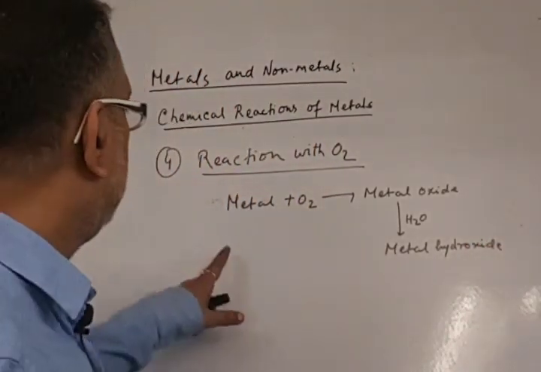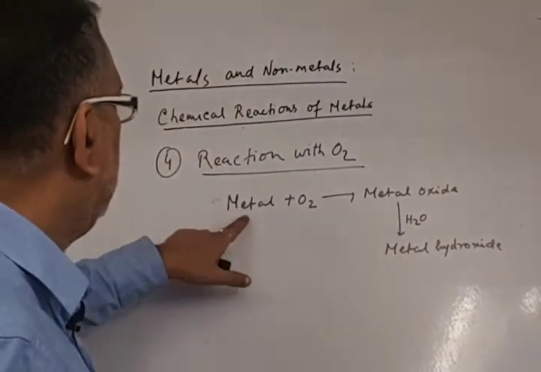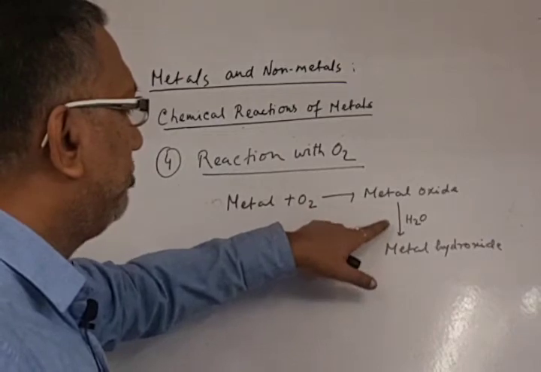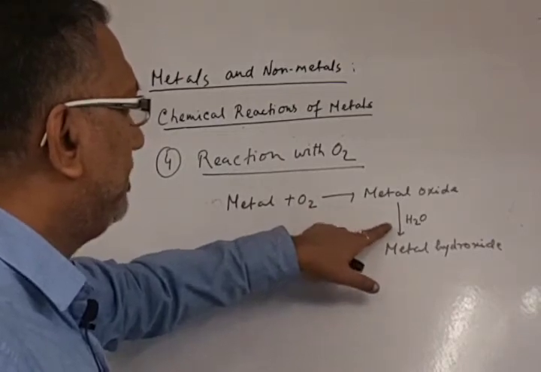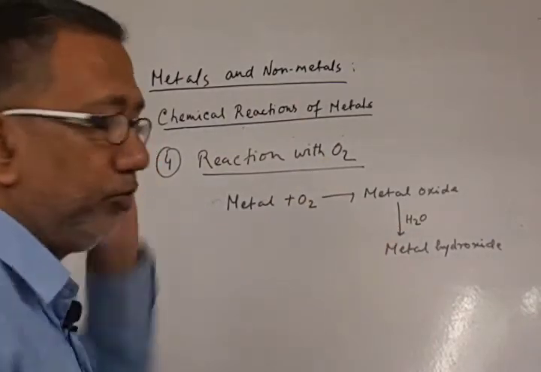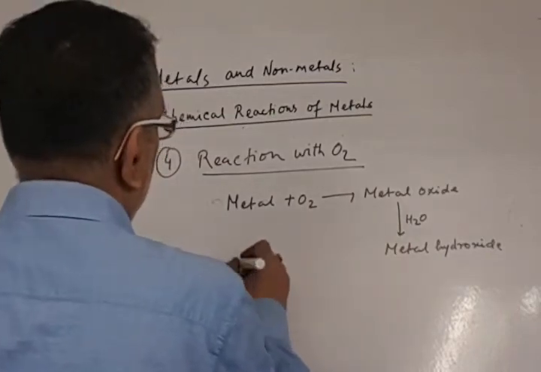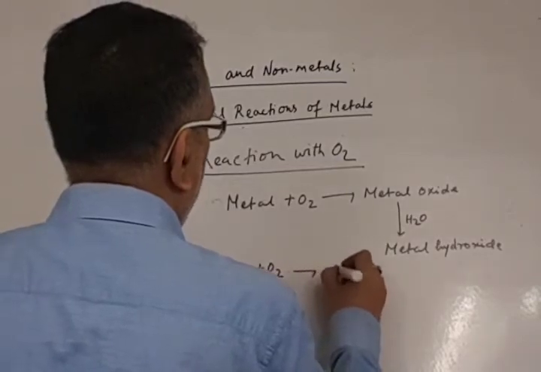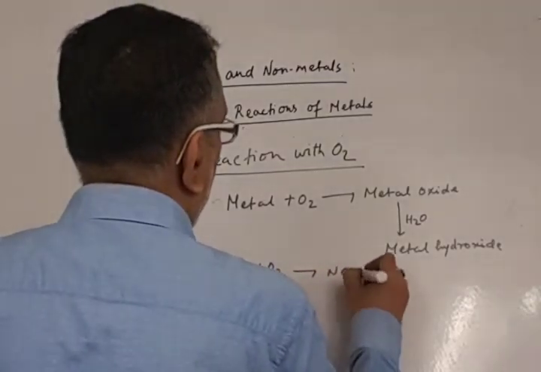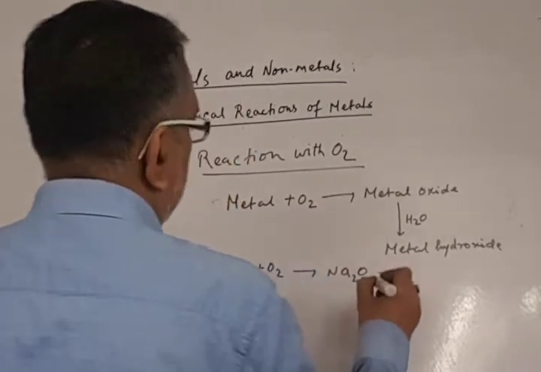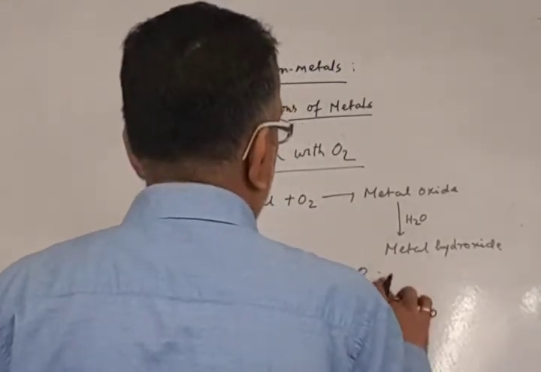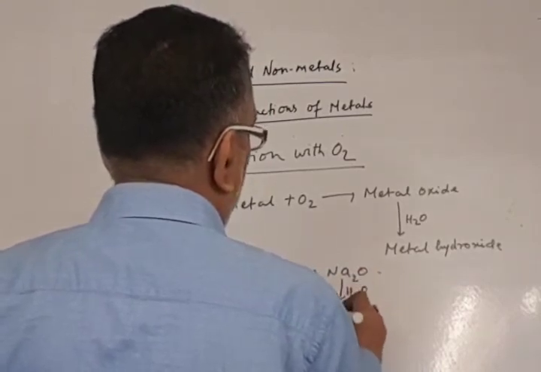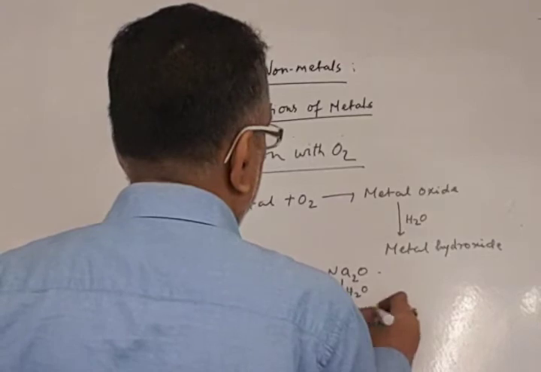So in this case, metal reacts with oxygen to produce metal oxide, which further reacts with water to produce metal hydroxide. Suppose sodium reacts with oxygen to produce Na2O, and this further reacts with water to produce NaOH.